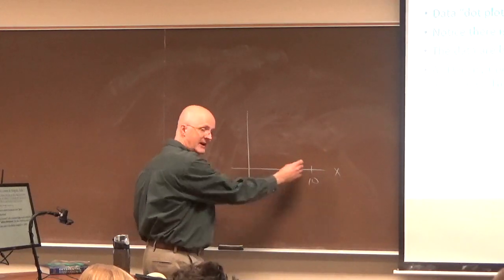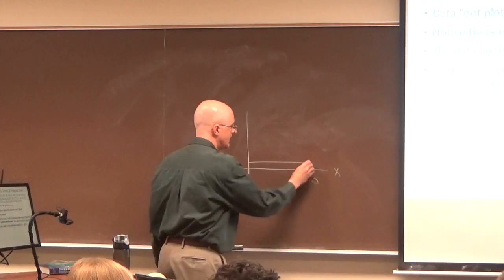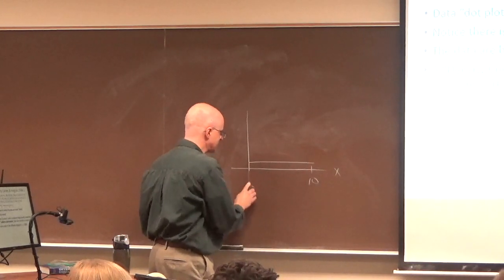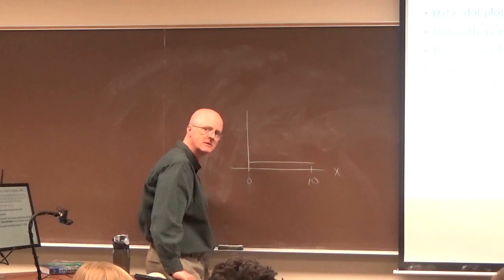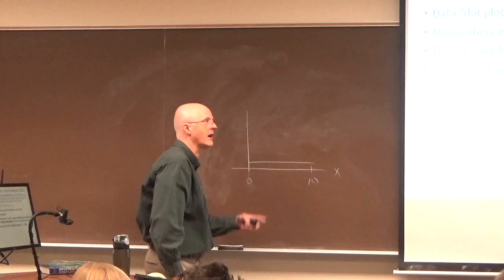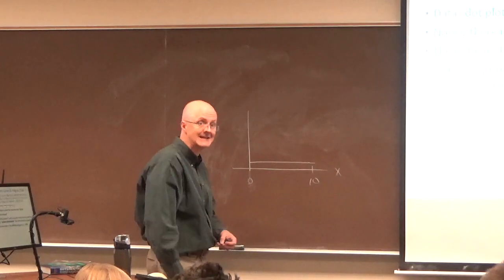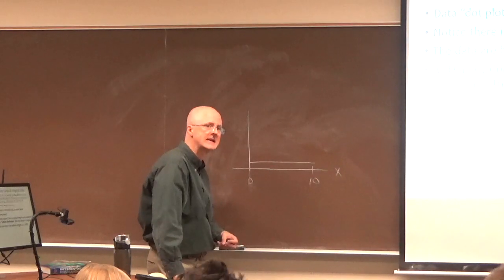Which means it's got to be a finite horizontal line, a line segment, above the interval from 0 to 10. That's my domain for this function. It's just 0 to 10, because that's where the data are. Data is a plural word. Datum is a singular.